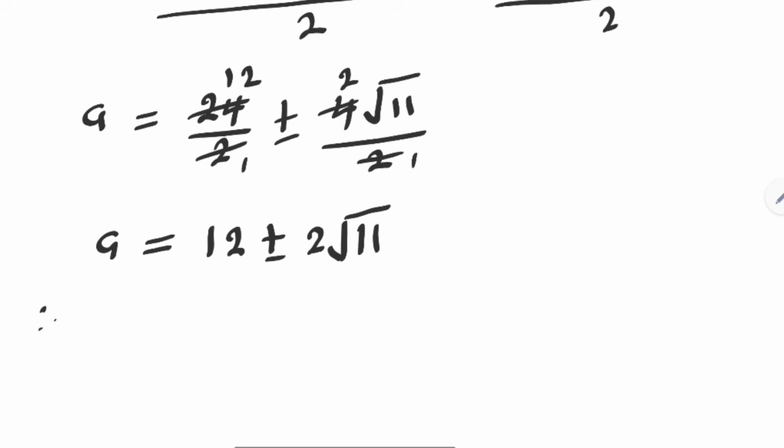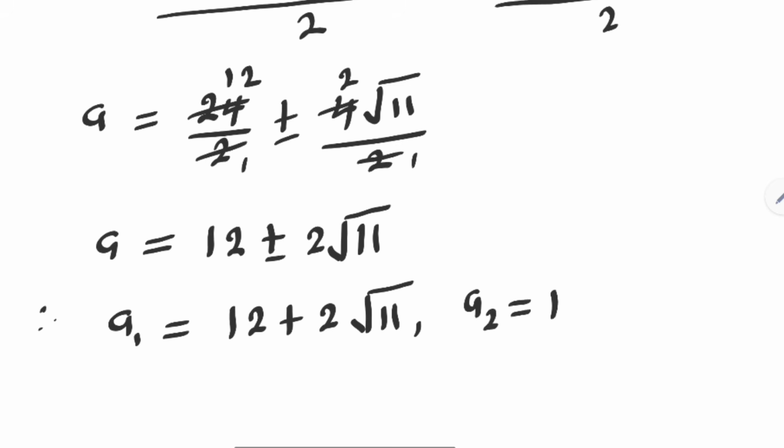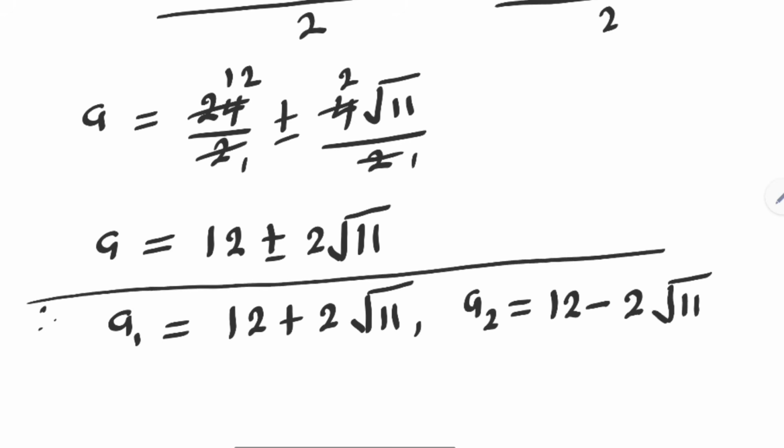Therefore, A1 is equal to 12 plus 2 square root of 11, and A2 is equal to 12 minus 2 square root of 11. These are the values of A.